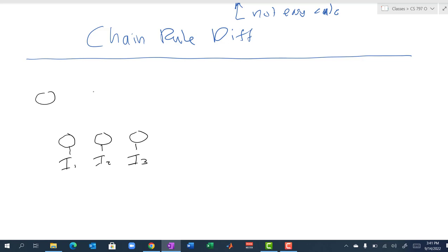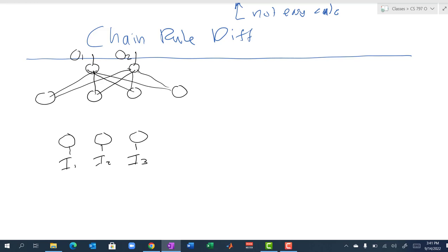It has 4 hidden neurons and then 2 output neurons. Ran out of room here, but you get the idea. This is O1 and this is O2. And then we have weights going from each neuron to the layer above it. So for this one, we can draw all of those in.